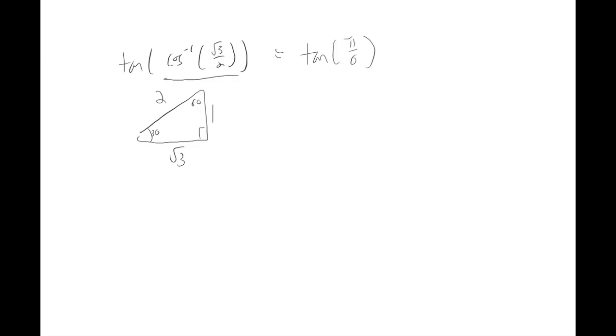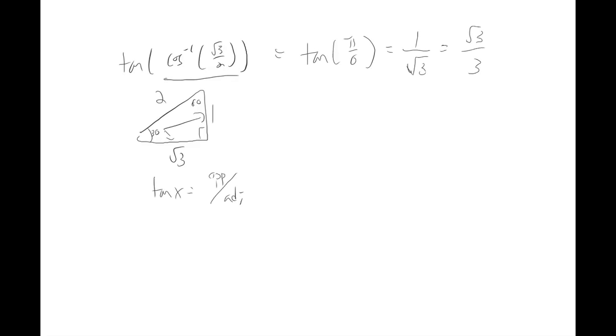Well, I have the triangle. Tan x is opposite over adjacent, so opposite is 1 and adjacent is root 3. I guess some of you prefer this. Okay, everyone good on this?